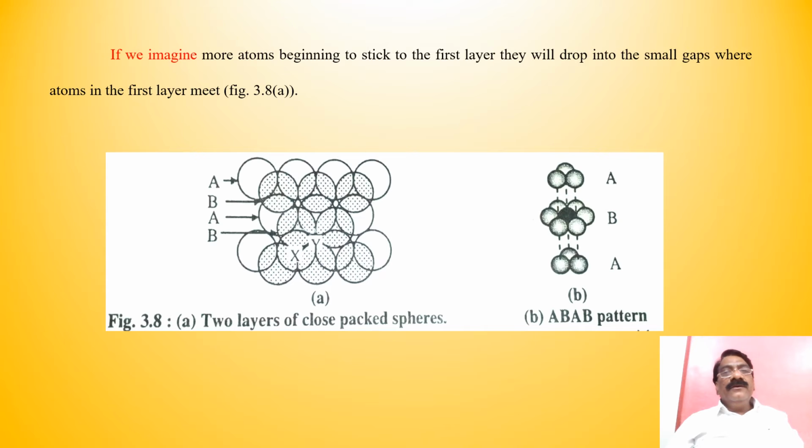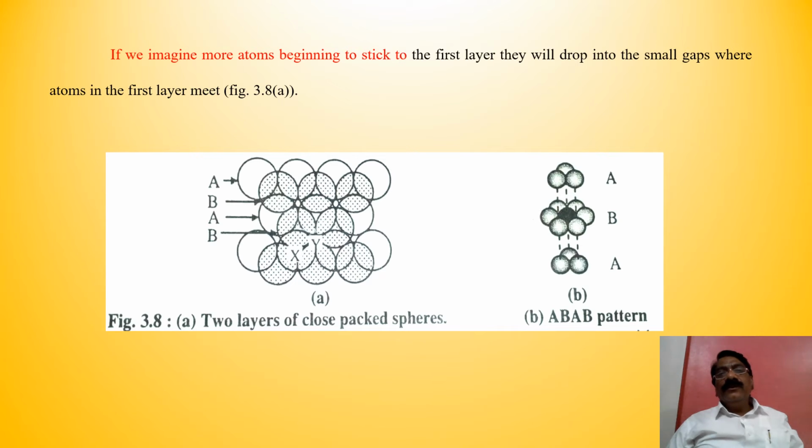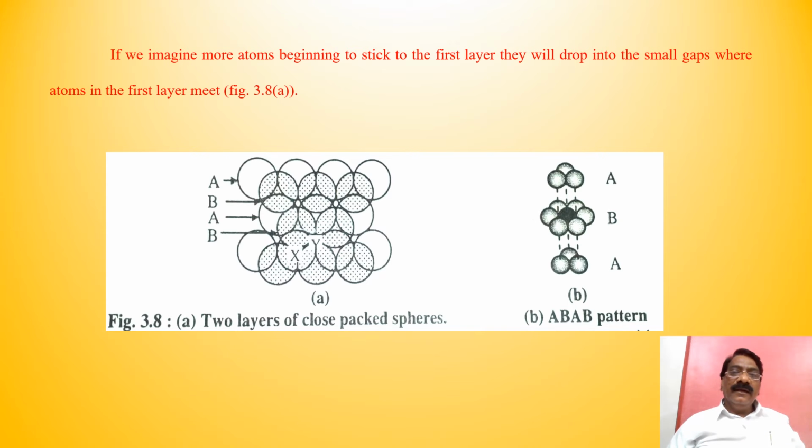If we imagine more atoms beginning to stick to the first layer, they will drop into the small gaps where atoms in the first layer meet. See in the figure, 2 layers of close packed spheres: the first layer A, the second layer B, and the third layer again A.